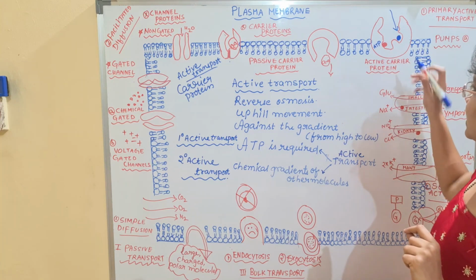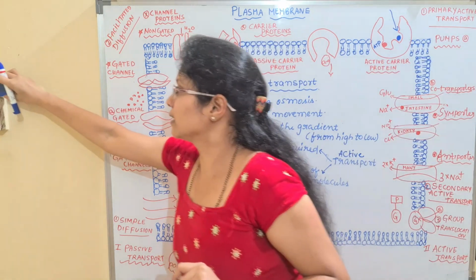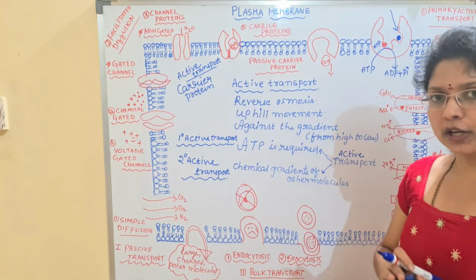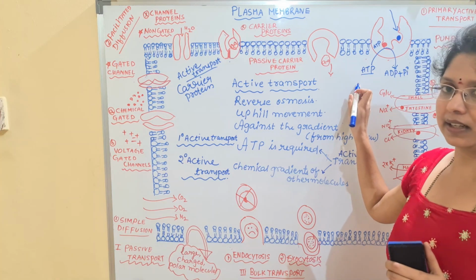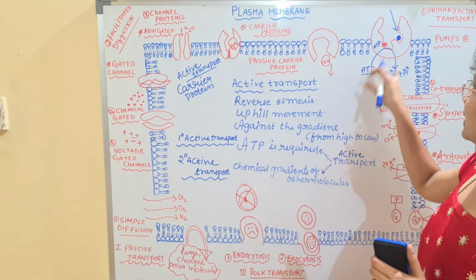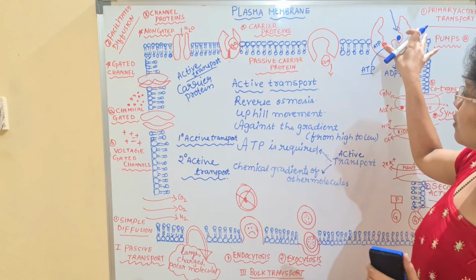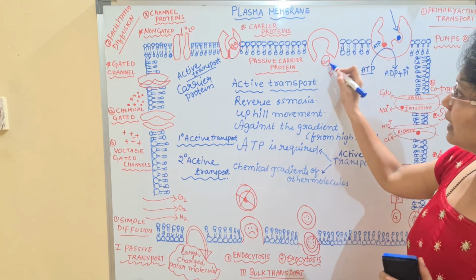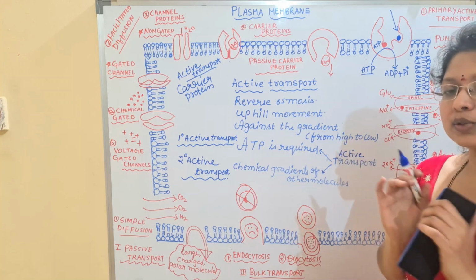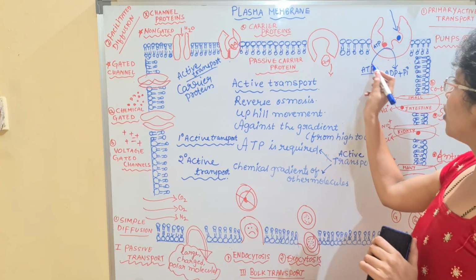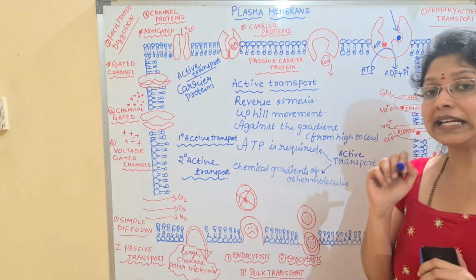What will happen in this region, children? In this region, along with the attachment of the molecule, we have the attachment of the energy currency, that is ATP. And immediately there is a change in conformation. This molecule will be inverted like this and it will release the substrate inside. All this will be happening with the help of the hydrolysis of ATP.